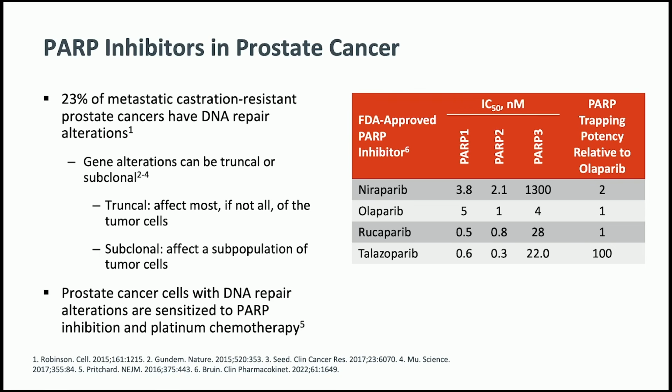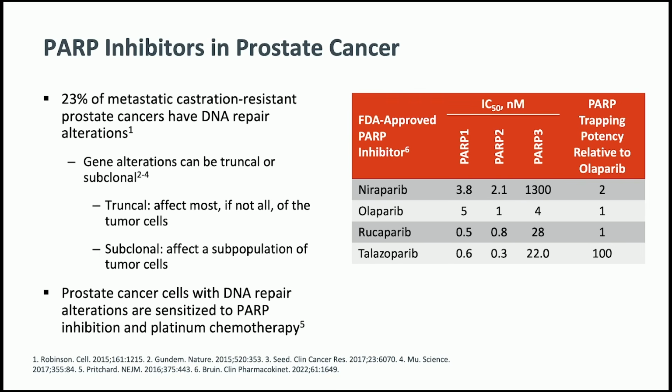On the right-hand portion of this slide, we have the different PARP inhibitors that are used in clinical practice, basically showing the relative inhibition of the different PARP enzymes, and also the relative PARP trapping in relationship to olaparib.